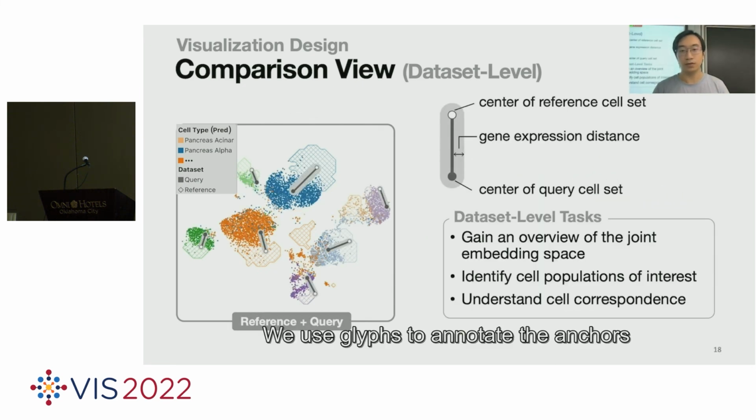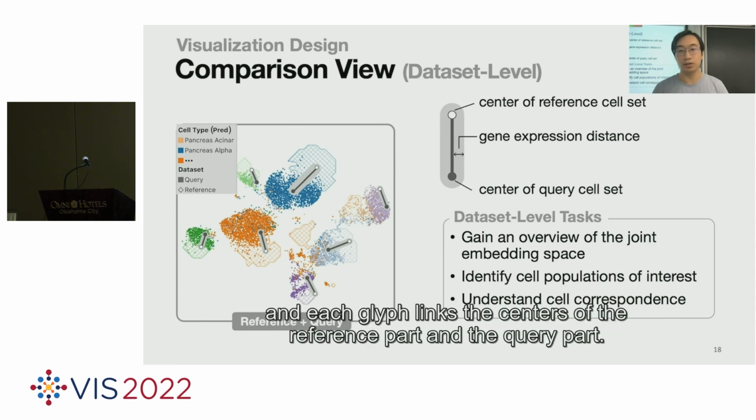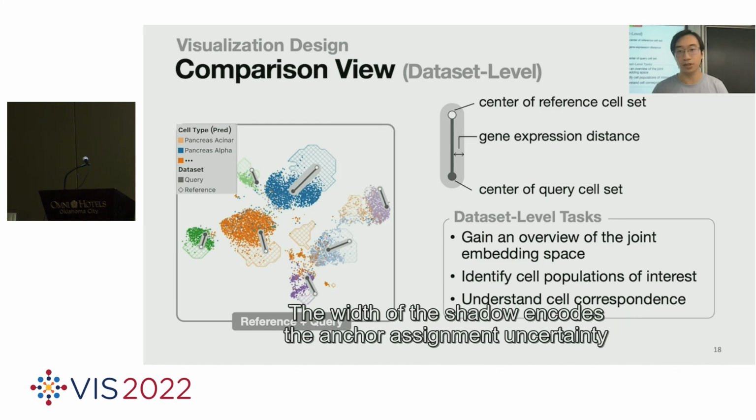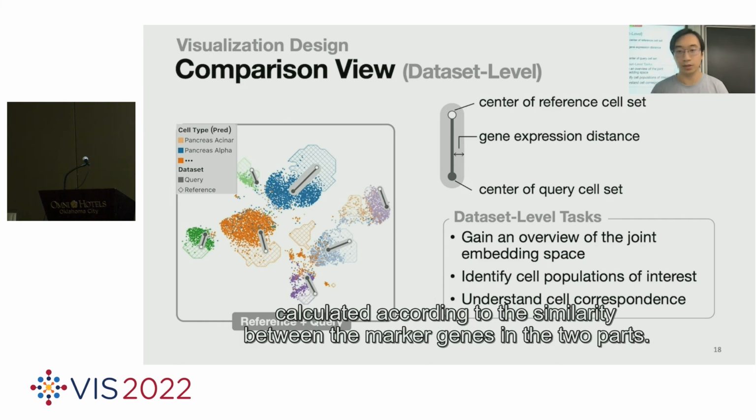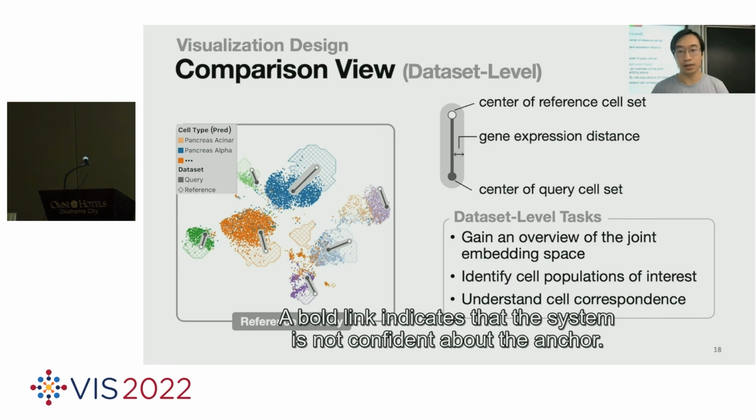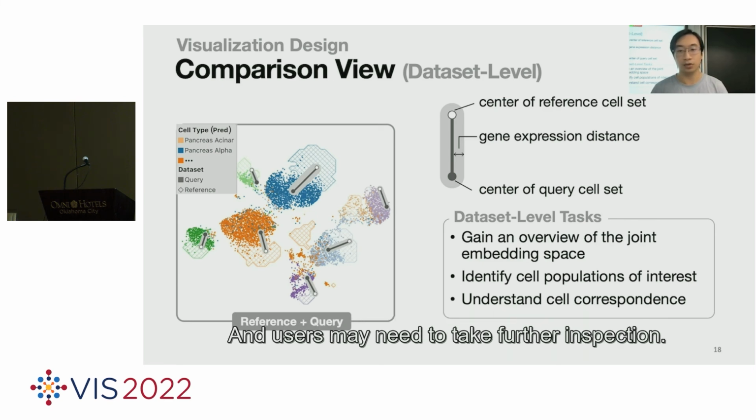Then we use glyphs to annotate the anchors, and each glyph links the centers of the reference part and the query part. The width of the shadow encodes the anchor assignment uncertainty, calculated according to the similarity between the marker genes in the 2 parts. A bold link indicates that the system is not confident about the anchor, and users may need to take further inspection.